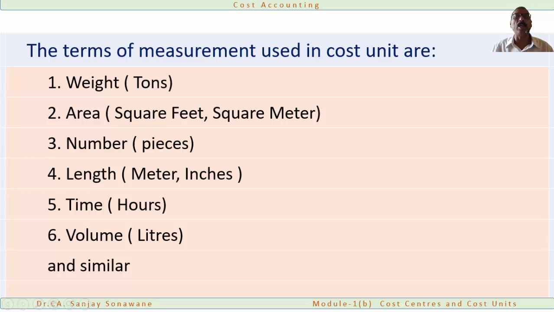So the cost unit is hours. When it is calculated in volume, like oil, we can take liters. Such similar other cost units can be applied. This is just a few examples of the cost units we are having.